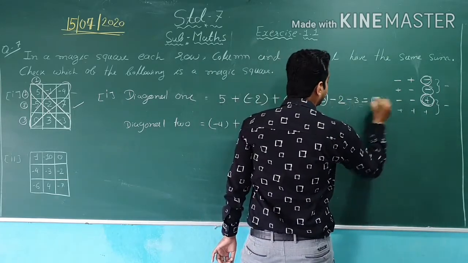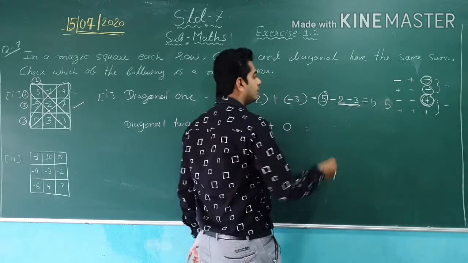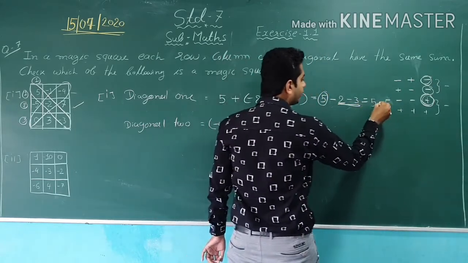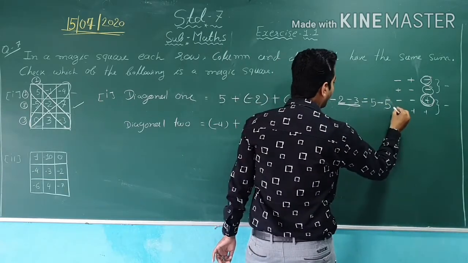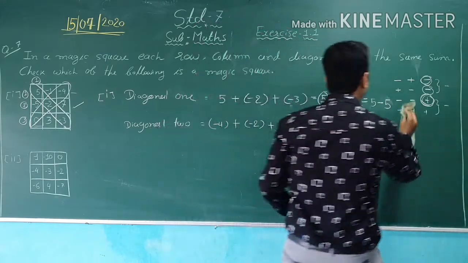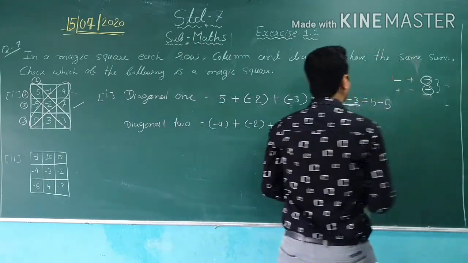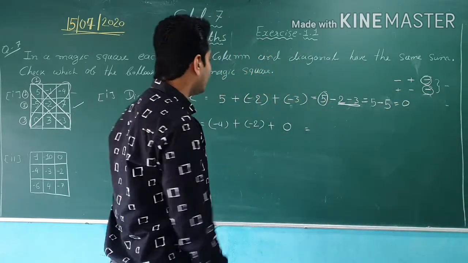Now again 3 plus 2 is 5. Now I'll put sign. Both have negative sign, so obviously I have to put negative sign, and bigger digit have also negative sign. So 5 minus 5 is what? It is 0. So I'll write here, it is 0.